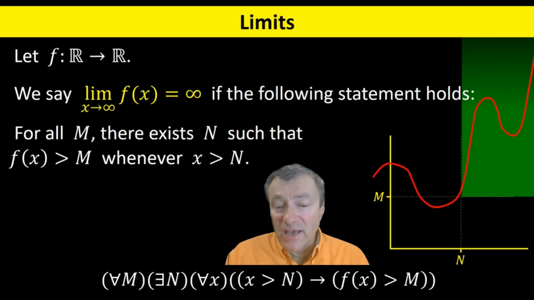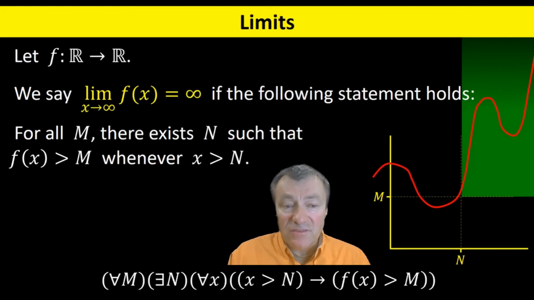The definition has these nested quantifiers. If you look at the formal representation of this statement of a limit, we've got a universal quantifier followed by an existential quantifier followed by a universal quantifier, and then inside that you've got an implication. So that's a tall order.